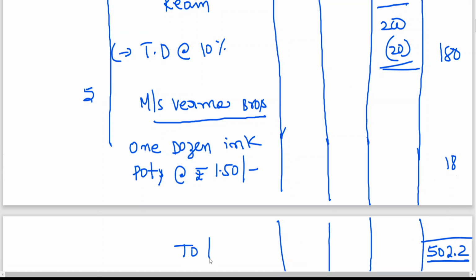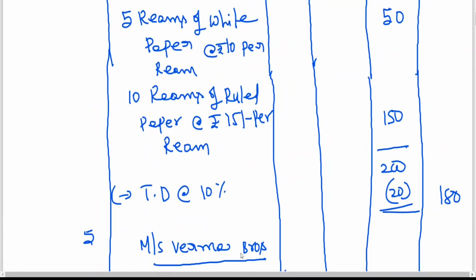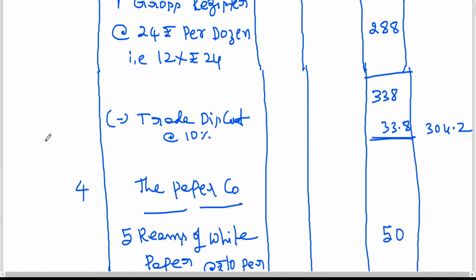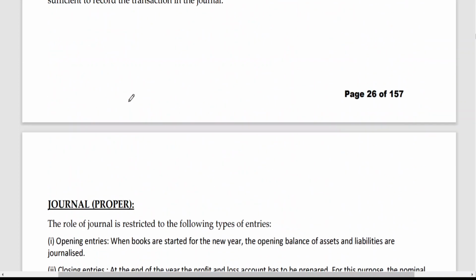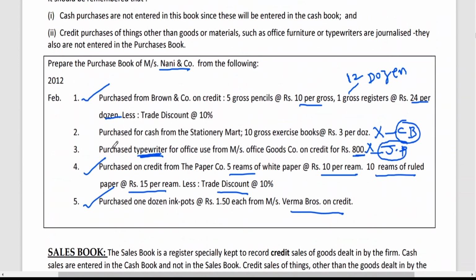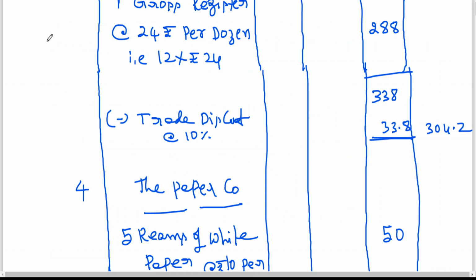This is the total of the purchase day book. Now we have seen here transaction number 2, transaction number 3. This will not appear, that is February 2nd, February 3rd will not appear in the subsidiary book. That note you should give after completion of the problem.